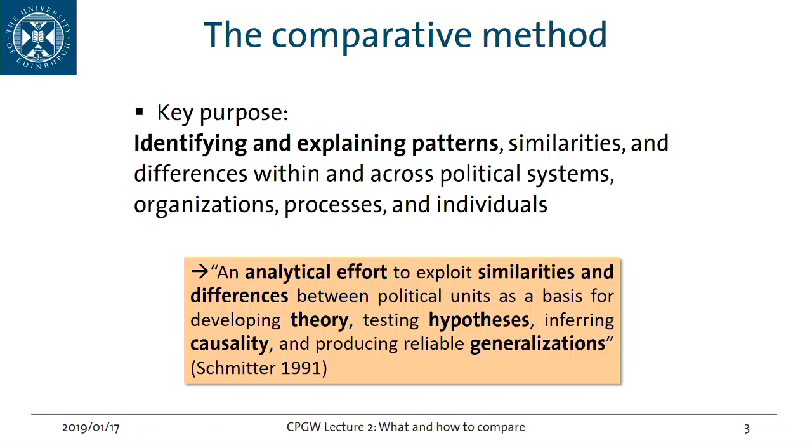So we want to see patterns, and we go about identifying these patterns by looking at the similarities and differences between political units, and we want to develop a theory that includes some factors that influence other factors, right? Those are all variables.